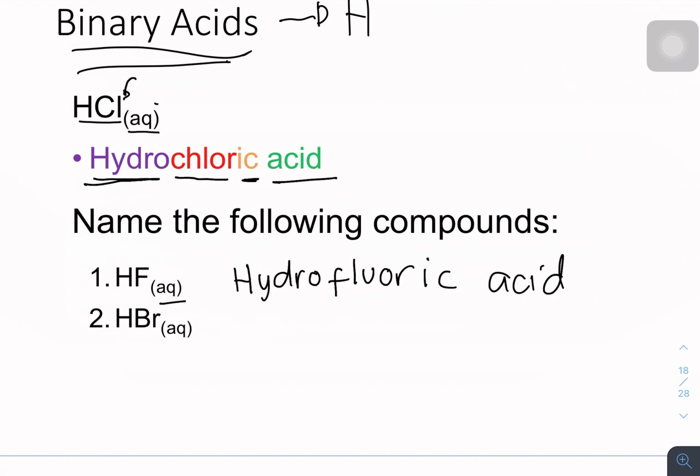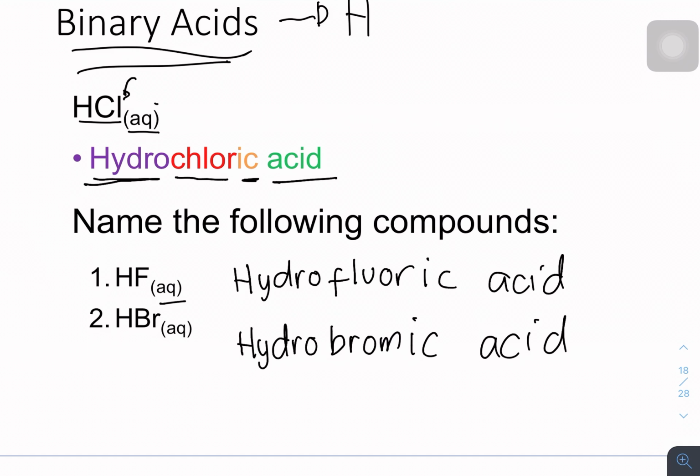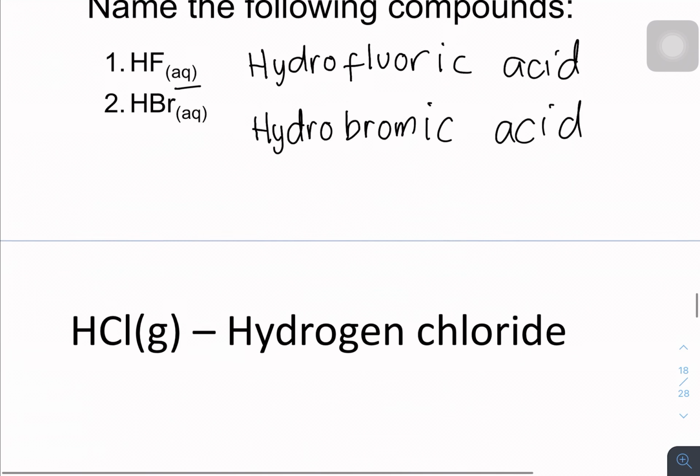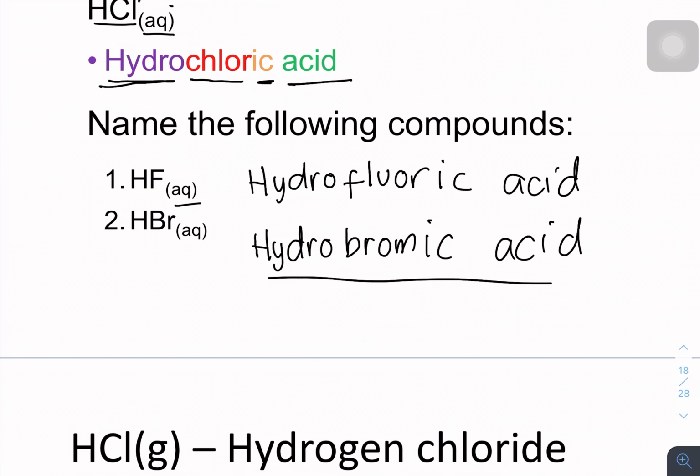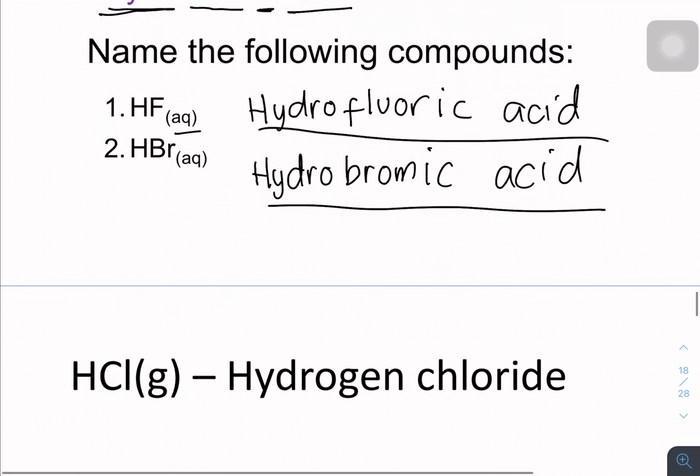Next one, HBr. That will be hydro, followed by brom, followed by the IC suffix: hydrobromic acid. So these are the names for our examples, HF and HBr.